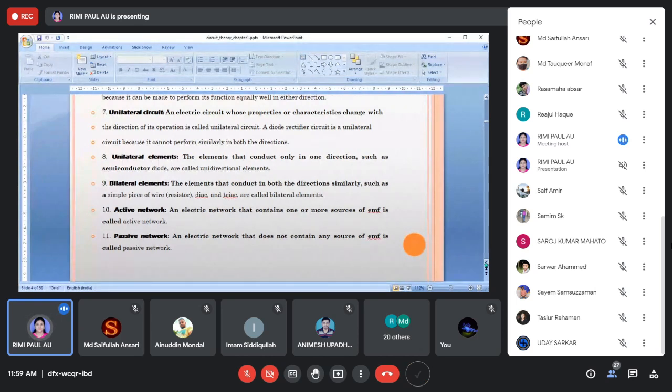So in that case, if it is mentioned, you have to say in a linear bilateral network. Otherwise it will be wrong if you say in a circuit, if I take several sources and do the summation when one source is present. It will not happen, because in any circuit we cannot apply superposition or Thevenin's theorem. Only in a bilateral and linear circuit can we apply the superposition theorem or other theorems.